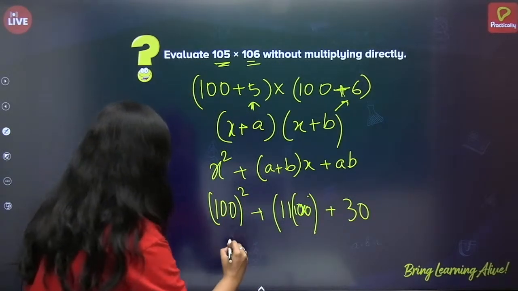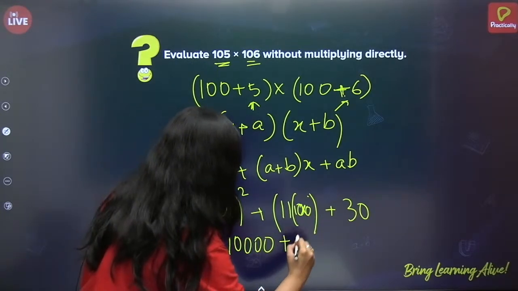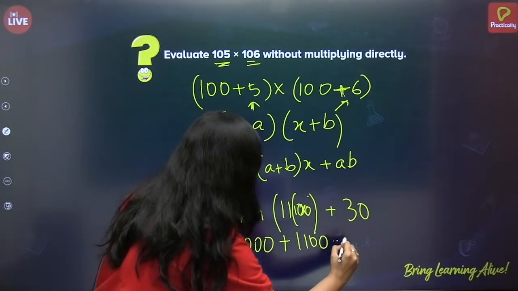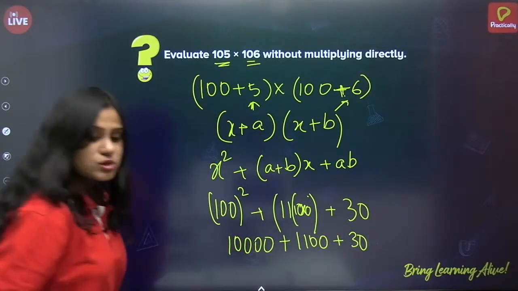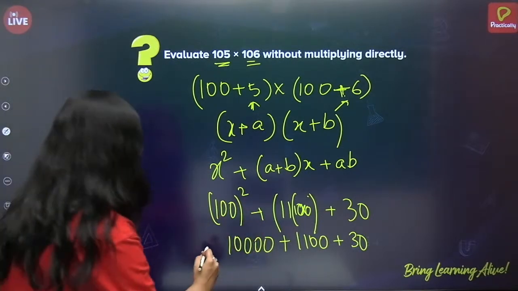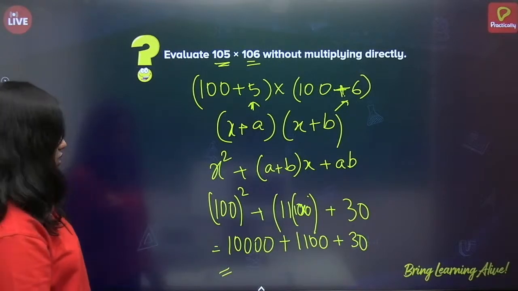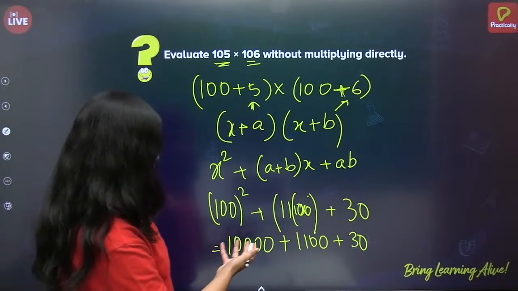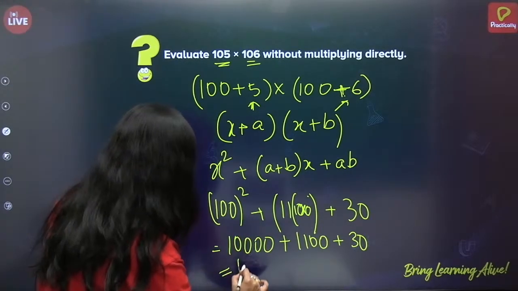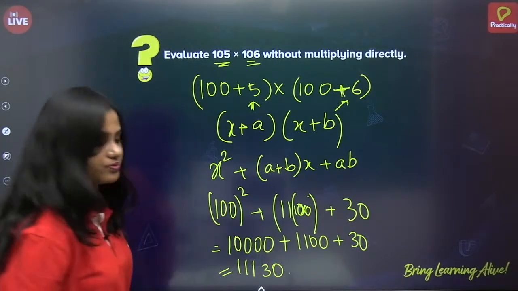So it is 10000 plus 1100 plus 30. So it's very easy, right? Without doing the actual multiplication, we are solving this using an algebraic identity. So let us just add: 10000 plus 1100 plus 30 is 11130.